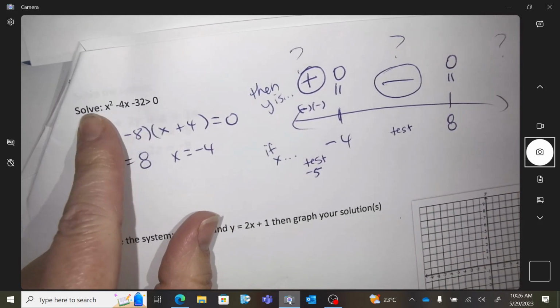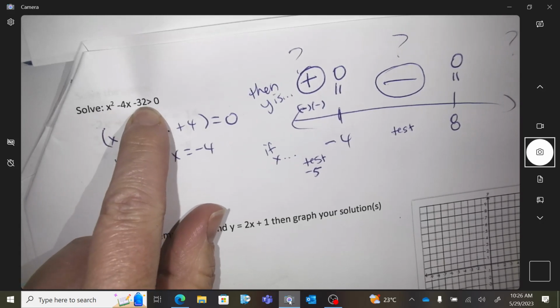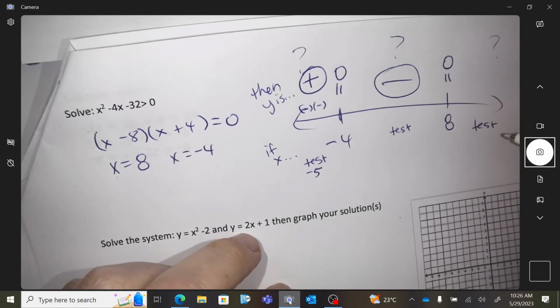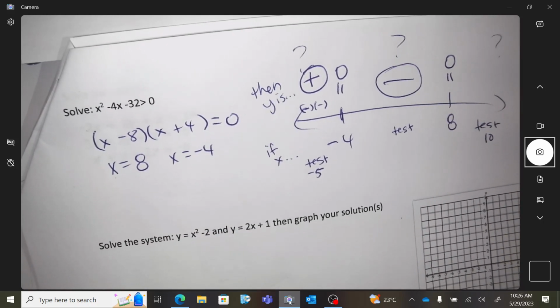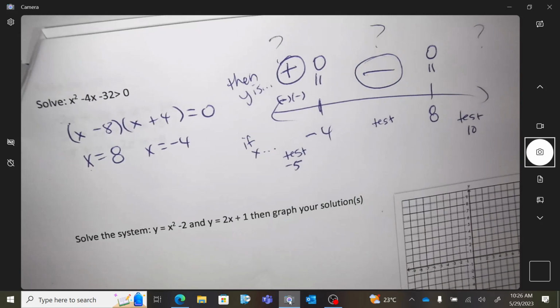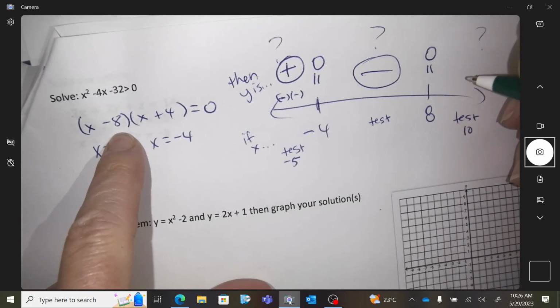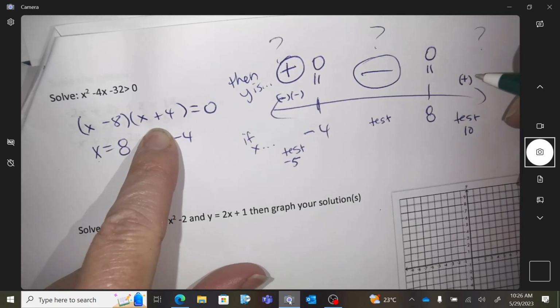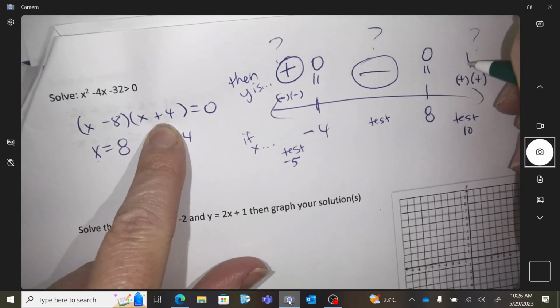Negative. Right? Remember that? When you put 0 in, boom, -32. And I'm going to go with a 10. So 10 minus 8 is positive. 10 plus 4 is positive.